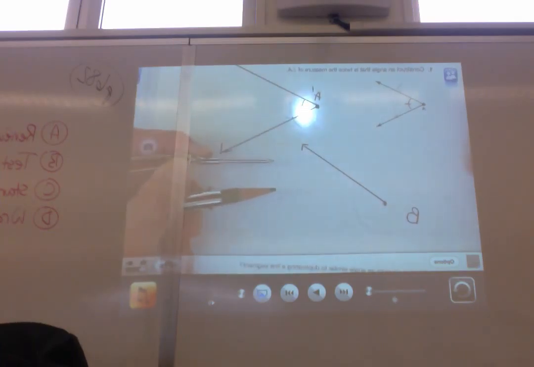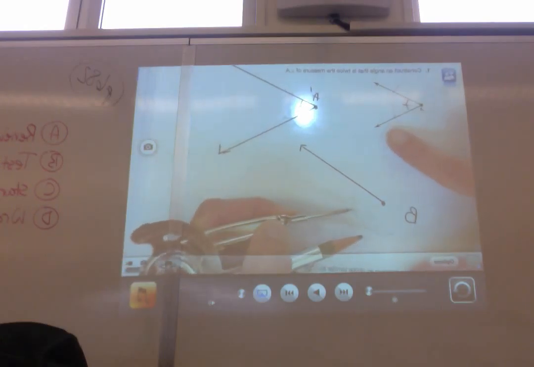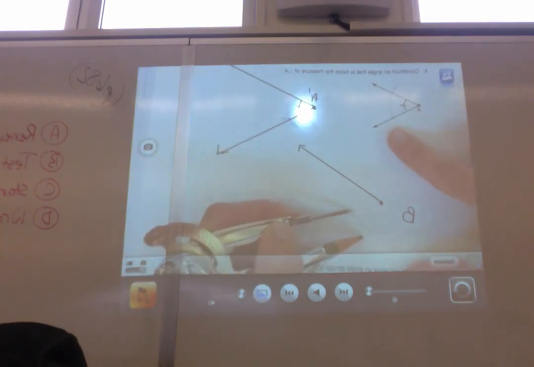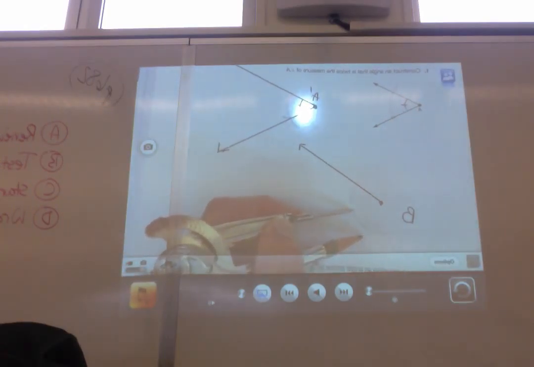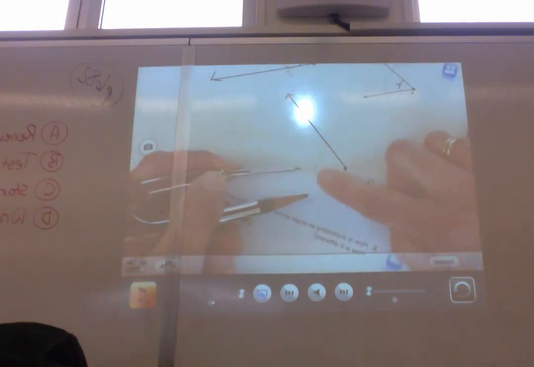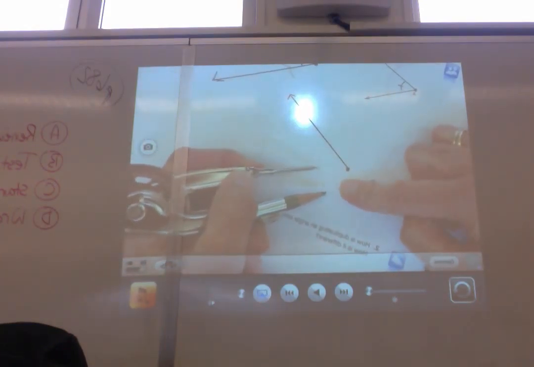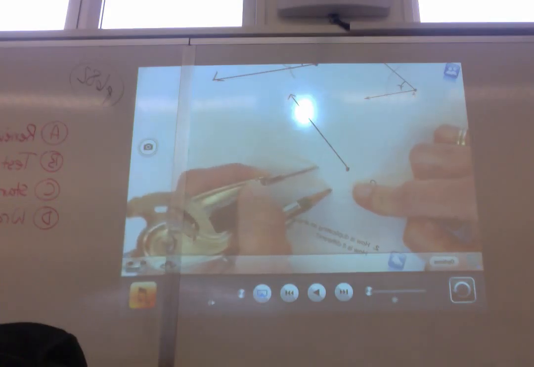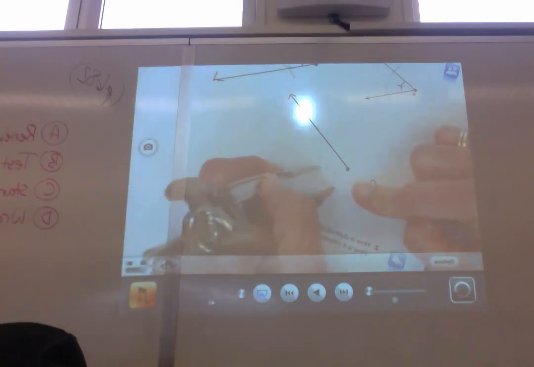That would create an angle that matches, but we want one twice as big, so pick up your compass holding its length. Where that first crisscross was, put the pointy part and make a second crisscross.